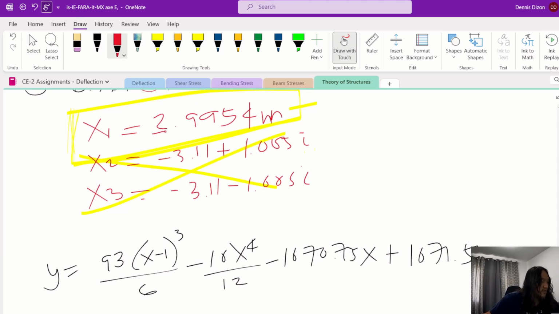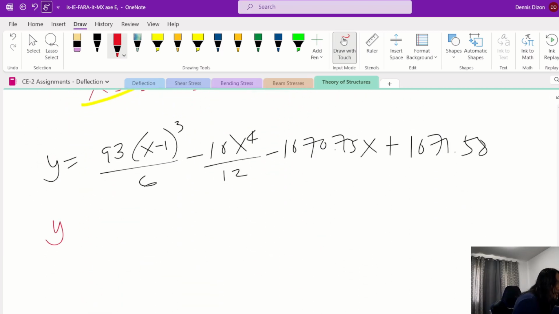Therefore, at x equal to 2.9954, y is 93 divided by 6 times (2.9954 minus 1) cubed.